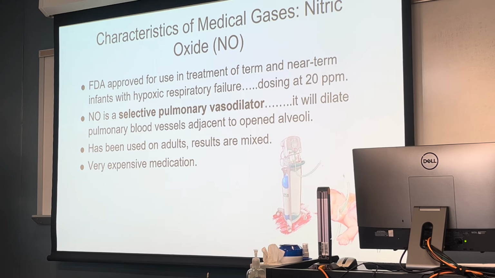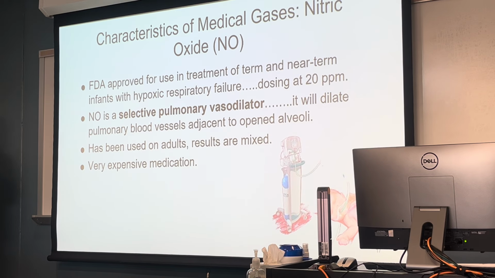And what causes the pressure to be high? The blood vessels are constricted, narrowed. This gas, if they inhale it, has the potential to dilate the blood vessels, not the airway, not the bronchi. Don't confuse it with a bronchodilator. It can cause vasodilation, the blood vessels to dilate.